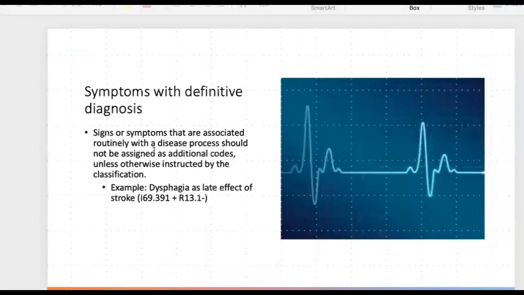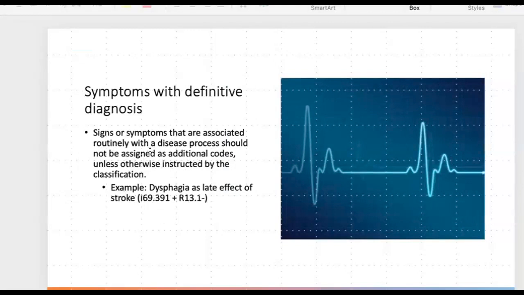Okay. Symptoms with definitive diagnosis. Signs or symptoms that are associated routinely with a disease process should not be assigned as additional codes unless otherwise instructed by the classification. I have an example here, dysphagia as late effect of stroke. Dysphagia, whatever way you want to pronounce that. So let's talk about this, guys.